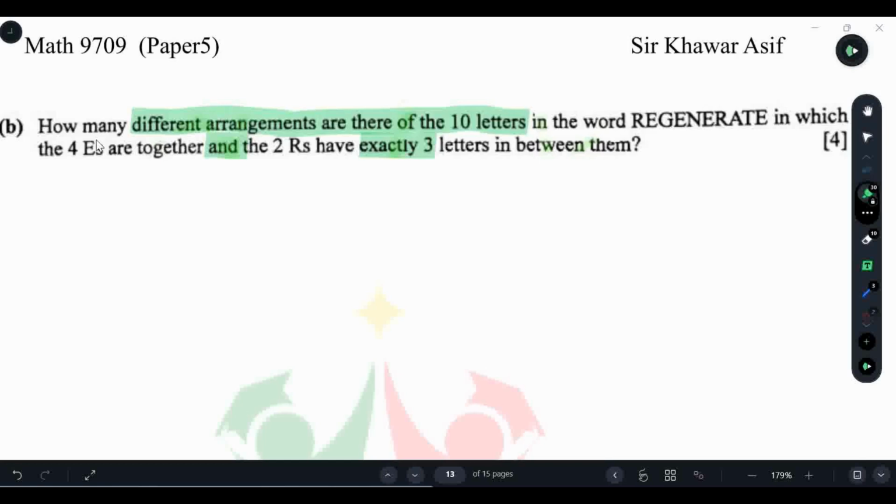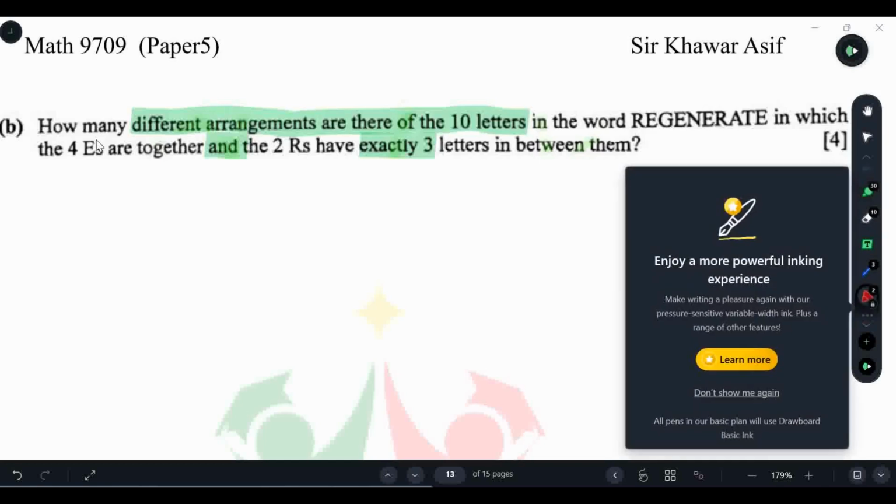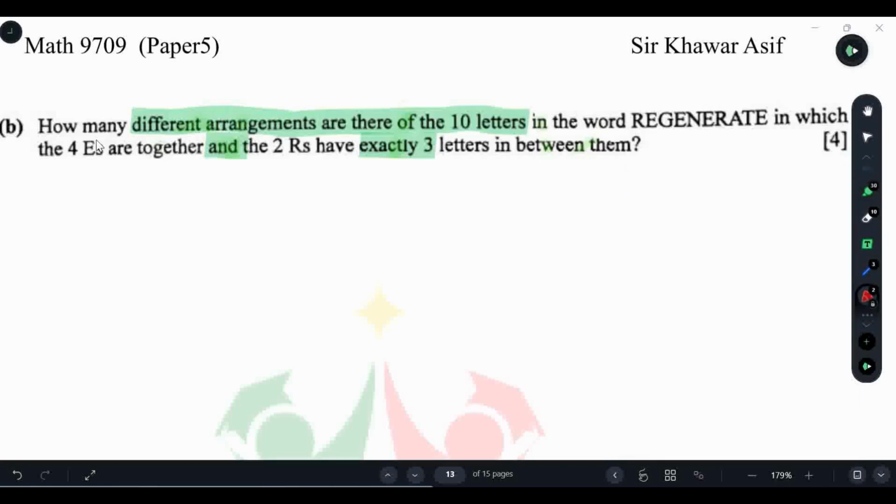So first of all, again we have to see the keyword. The keyword is arrangement, so we have to use a factorial or permutation. But here we have conditions, so we have to use permutation.